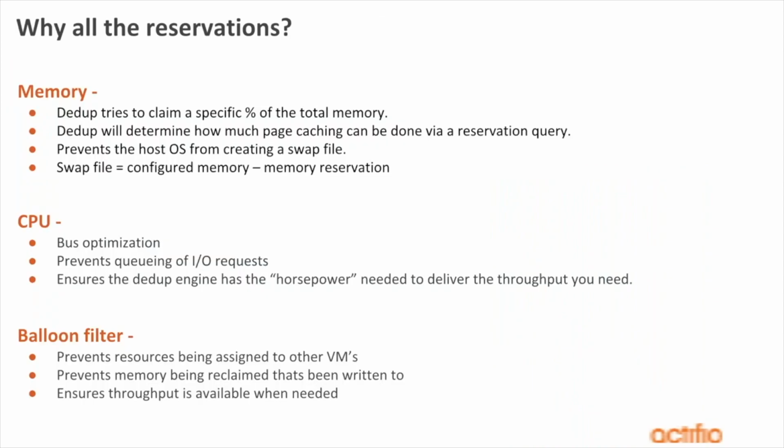Okay, so why do we need all of these reservations? All right, so for memory, dedupe is going to try to claim a certain percentage of the memory made available to it. If there's no reservation, it's going to actually start to try to page cache into dirty page files. Now those are page files on disk.